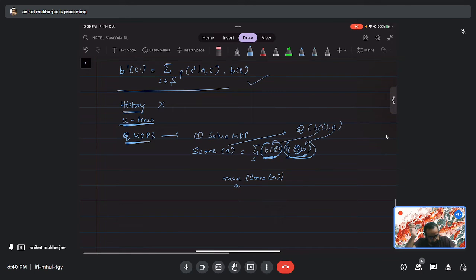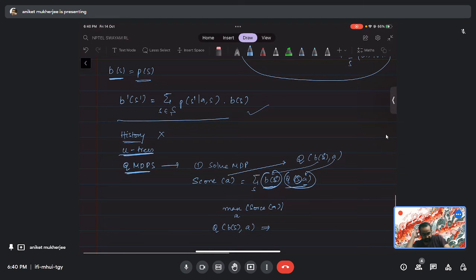You understand the concept, right? So basically what you do is Q of belief of S comma A, and then you do the normal Q update, what you do in Q-learning. Instead of S, just use the belief of S. Then the thing is, the belief should be updated using this.